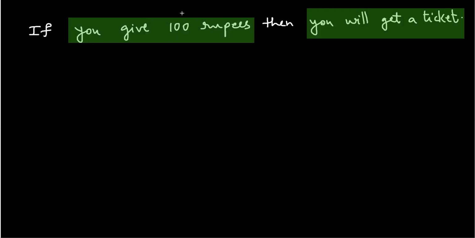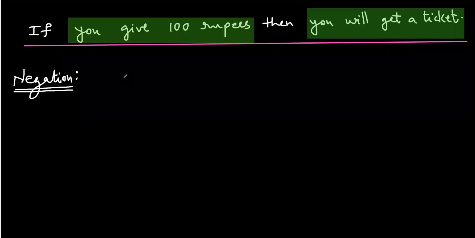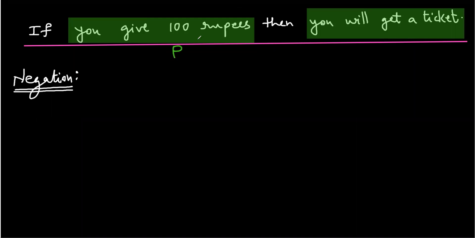Now what I want is the negation of this statement. I want to write the negation of this full statement. Be careful. What is the warning? Never start with if. So remember students, if this thing I take as P and this statement I take as Q, what do I have here?